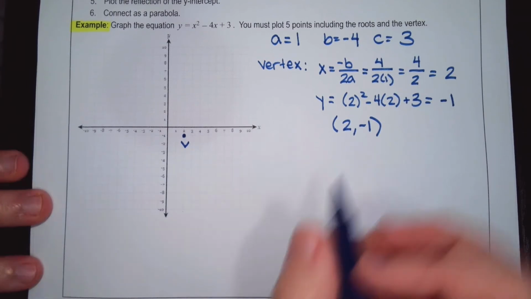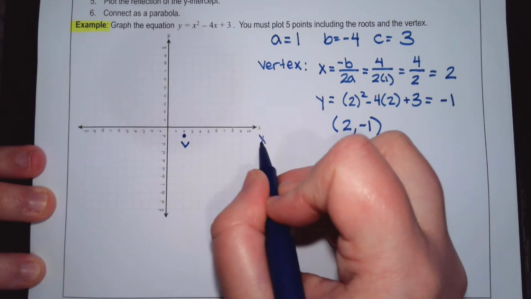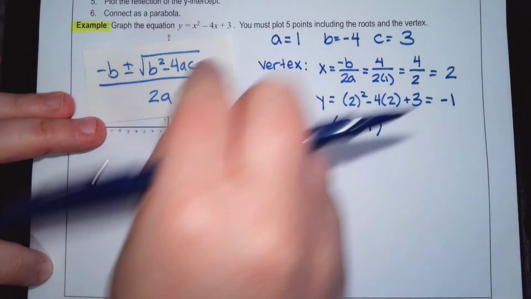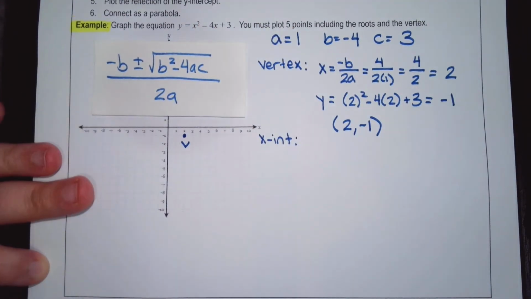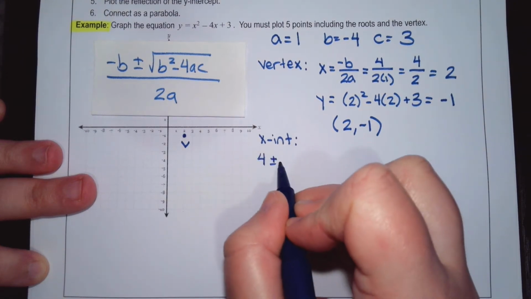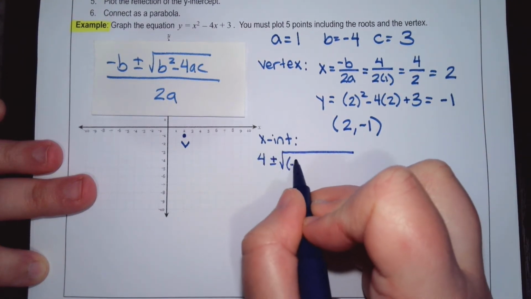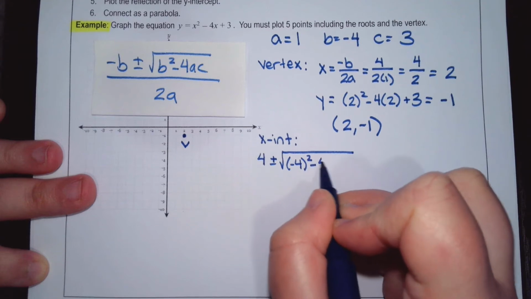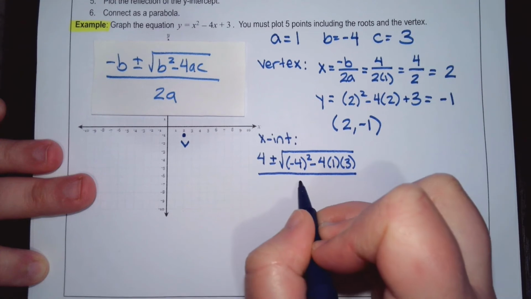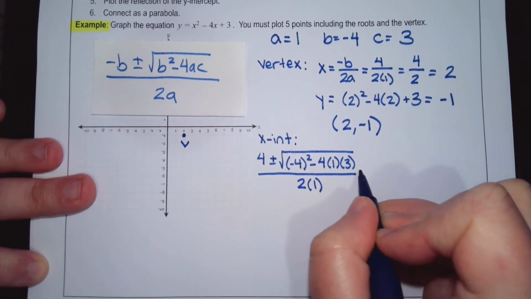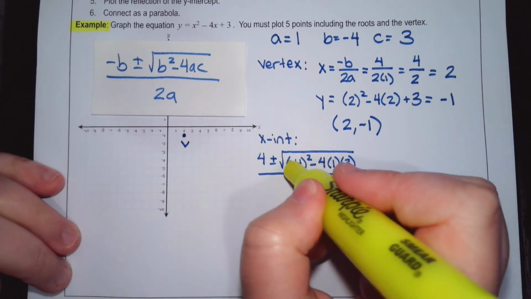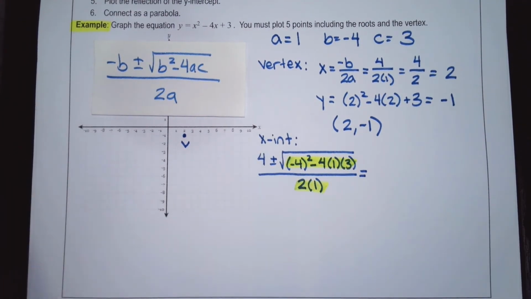Now that we've found our vertex, we are now going to find the x-intercepts. And again, we do this using the quadratic formula. So we have 4 plus or minus the square root of negative 4 squared minus 4 times 1 times 3 all over 2 times 1. Then you need to simplify underneath the square root and in the bottom.